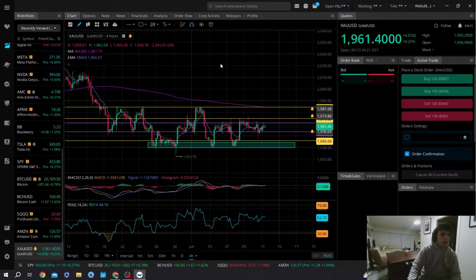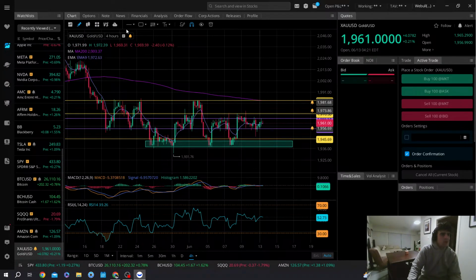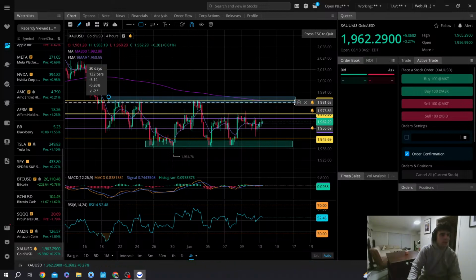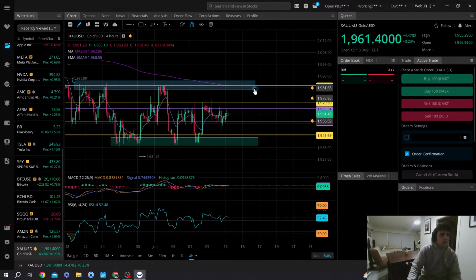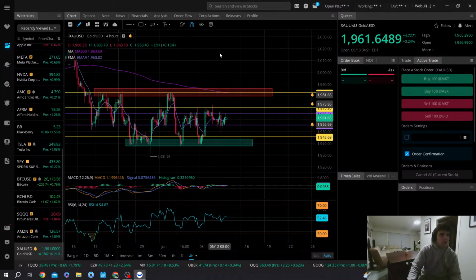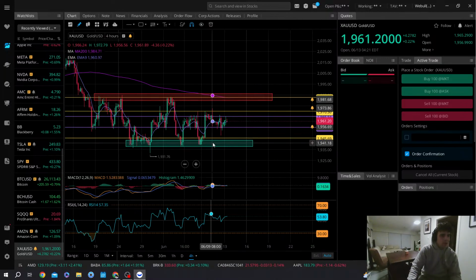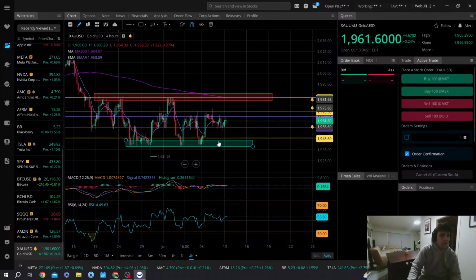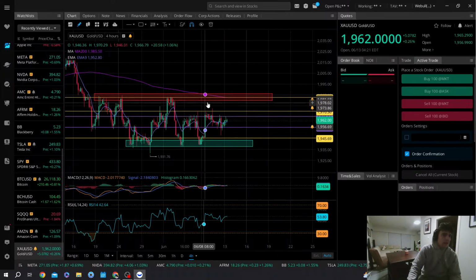That's how I highlight a support range. And a resistance range, I like to put a red rectangle, so I'll put that up here. So basically, in dummies terms, when price comes down to around 1940, 1935, it's most likely going to reject off of this point and come back up. So this is a valid support range.